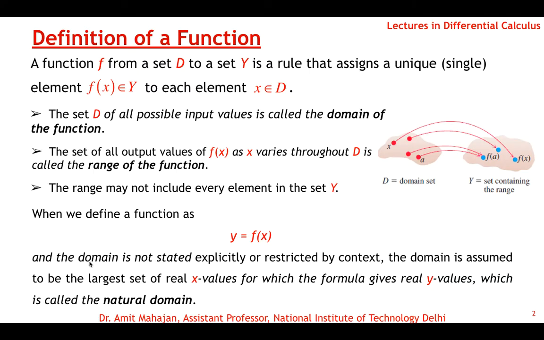Okay, and the domain, if it is not stated explicitly, or it is not restricted by context, then the domain is assumed to be the largest set of real x values for which the formula gives real y values, which we call the natural domain. Okay, so if the domain is not defined, then the natural domain we can assume is all real values x such that we get the output as real values.